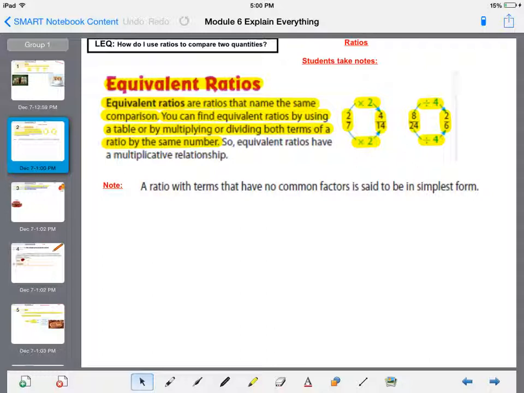They do not have a common factor because they already are in simplest form. However, the next one, the ratio 8 to 24, does have a common factor of 4, and so we can come up with an equivalent ratio of 2 to 6.